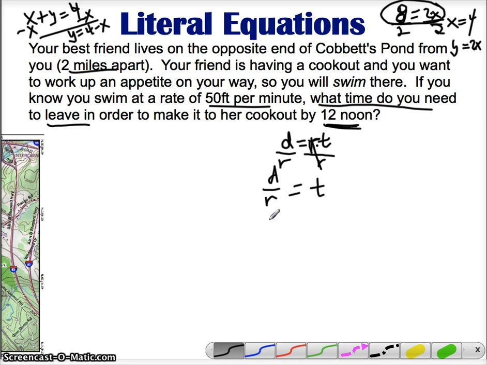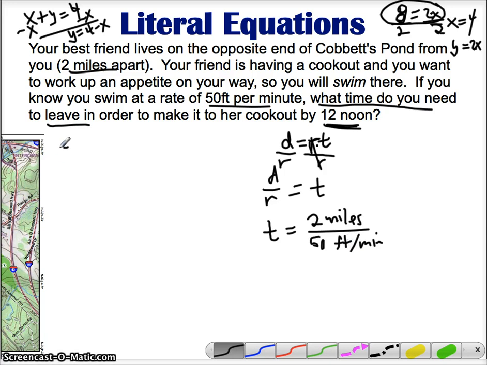Now, in our word problem, we have time equals our distance, which is 2 miles, and our rate is 50 feet per minute. Now, we can't do miles divided by feet. That doesn't work. So we need to convert.